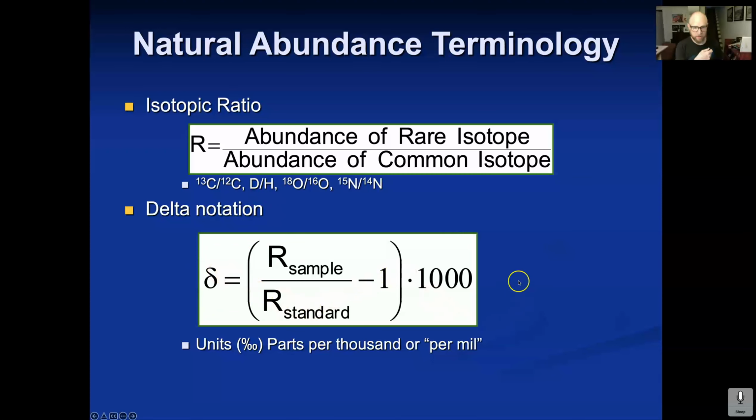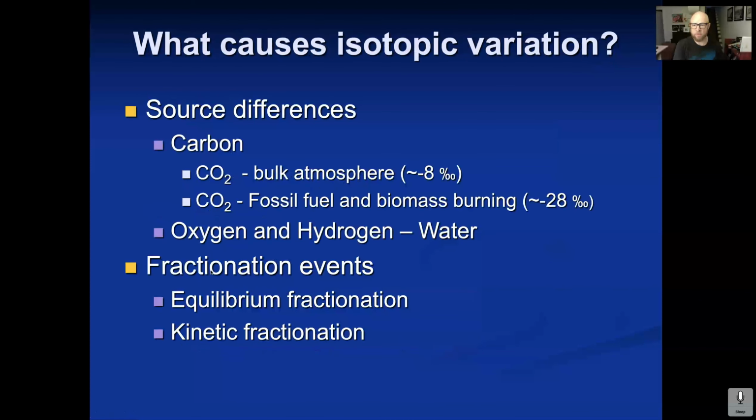And that comes from the fact that we're multiplying it by 1,000. If we didn't do that, we would just be dealing with values like 0.001 versus 0.002. So it makes those numbers a little bit larger and maybe easier for our brains to process. So that's where the 1,000 comes from. But anyway, it's a delta notation to describe the isotope ratio of different tissues.